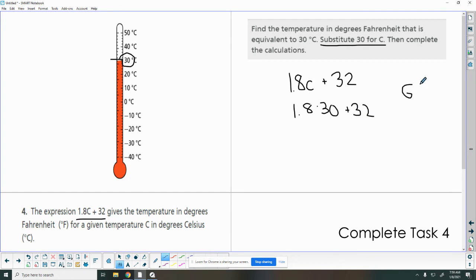We still have to follow GEMS. So there's no groups, no exponents. We are looking for multiply or divide, whichever comes first. So I can see here, we need to do 1.8 times 30 first, and then we'll add on 32. So I will let you finish that and then go ahead and complete task 4.